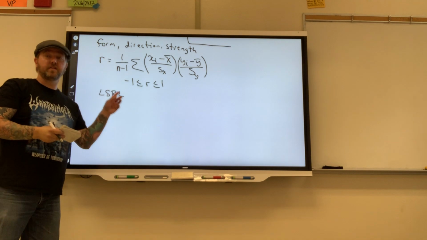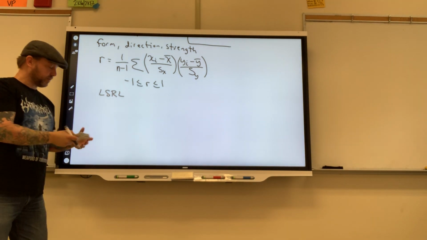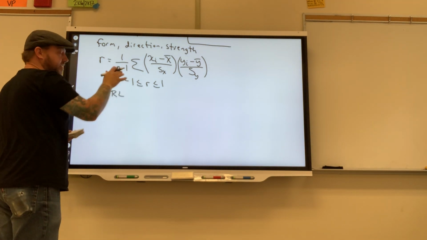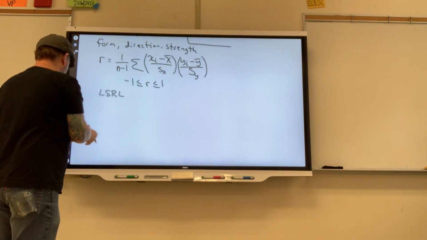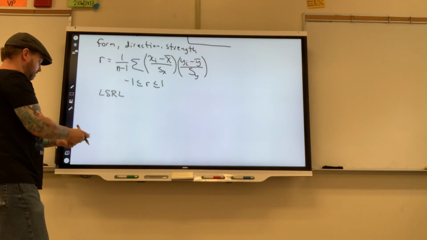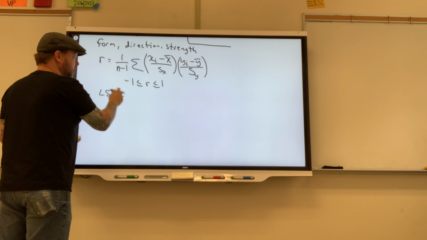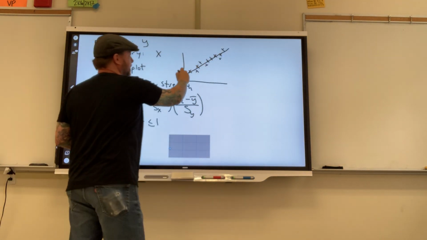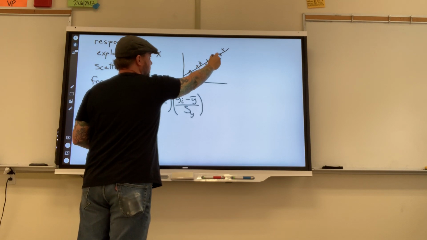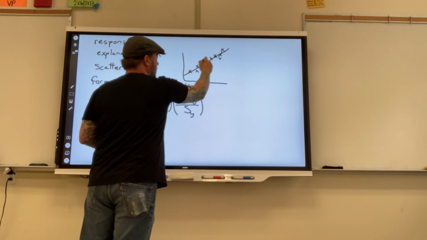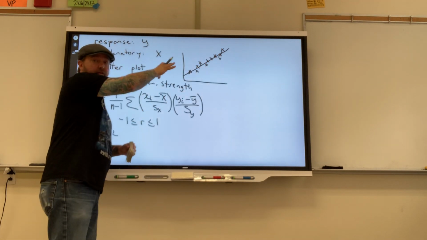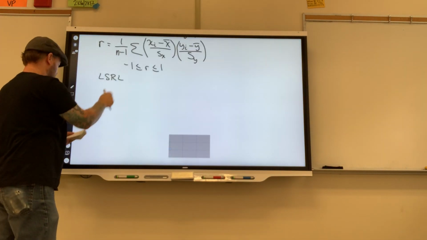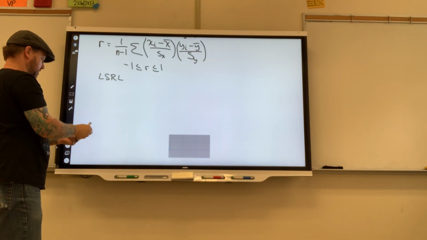All right, so once we get R, we can find the LSRL, the least squares regression line. The regression line is the straight line that describes the relationship between X and Y. Basically, what we're doing is finding the line that's going to minimize the squares of the vertical distances from the points to the line.